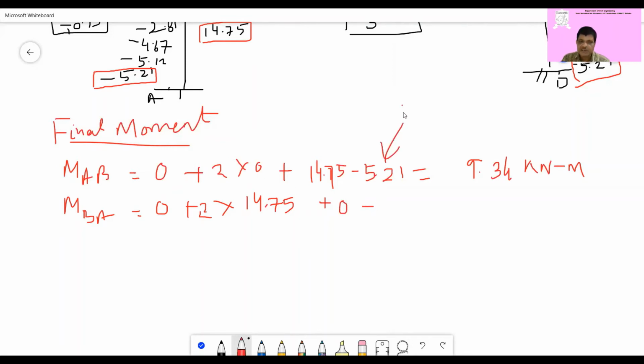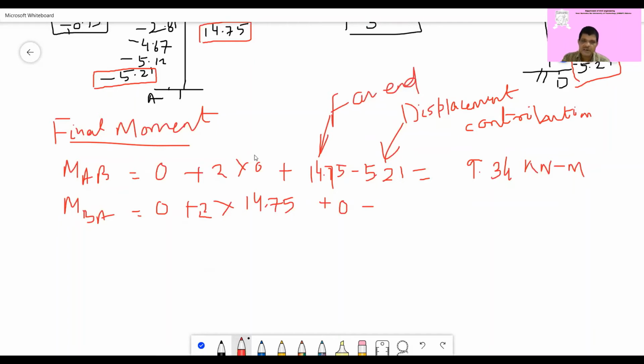Displacement contribution, far end contribution, near end contribution. 2 times near end, then this is the member fixed end moment.